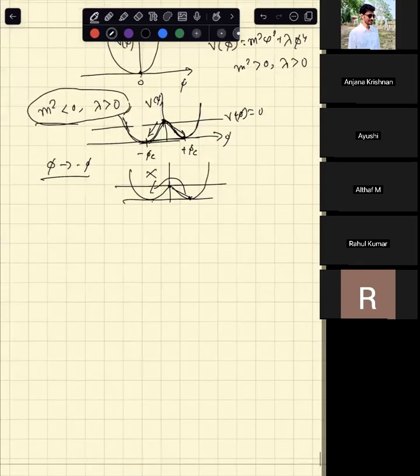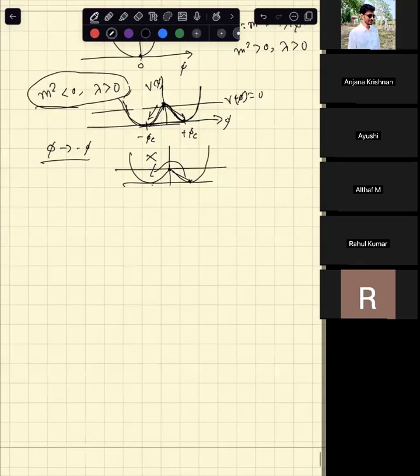Okay. So now, when there is a spontaneous symmetry breaking, what does it mean? When it reaches this part, it means that this field, when it was there, had an expectation value which is 0. But now, when it reaches here, this quantity is nothing but the expectation value of this field. So the expectation value of this field is non-zero, and that's what spontaneous symmetry breaking is.